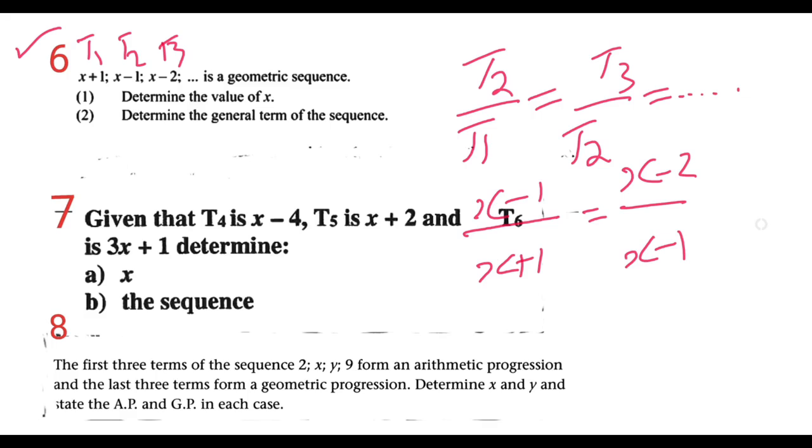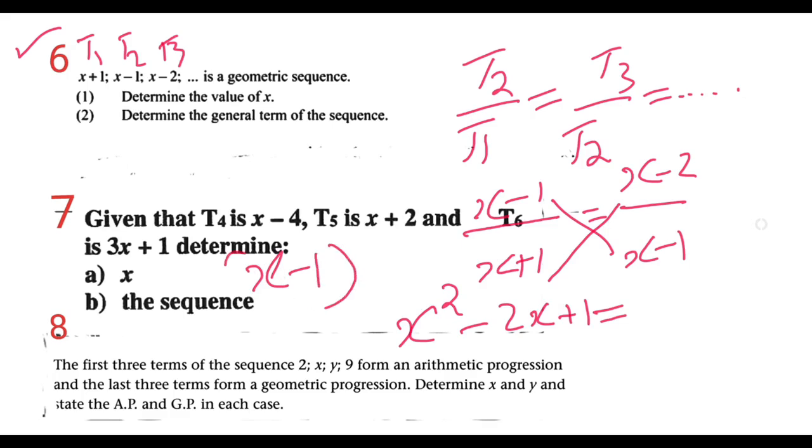Cross multiply both sides. So this becomes x² - 2x + 1, because x - 1 is a perfect square; you open up the formula, this will be the formula.